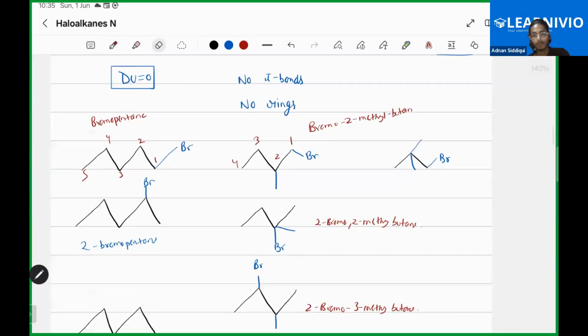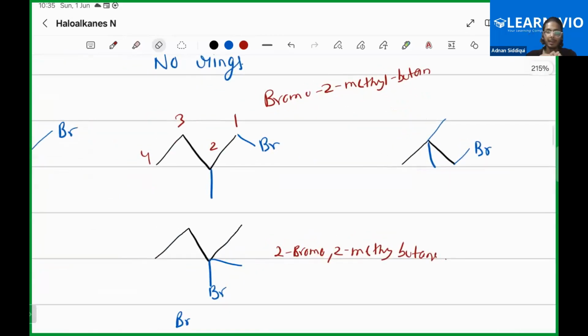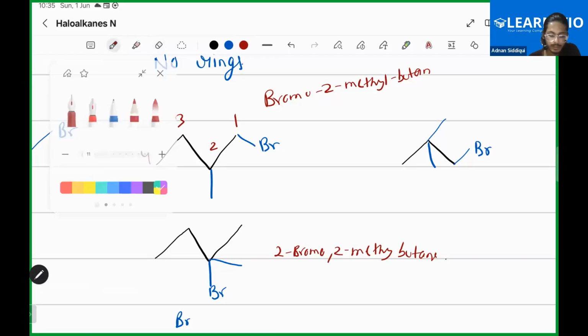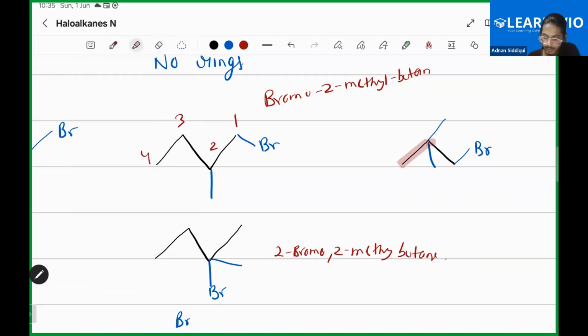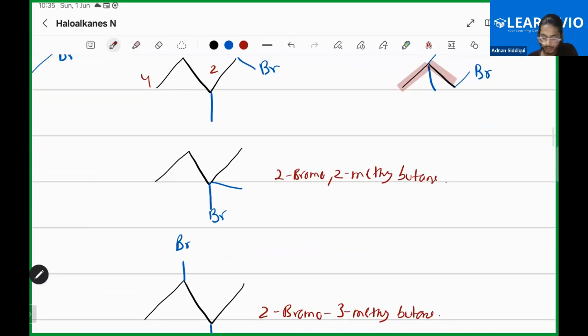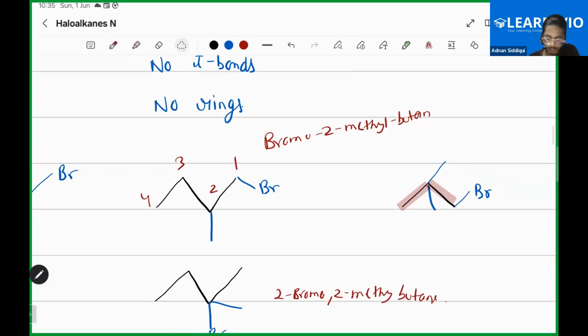So now we will again shorten our main chain from butane to propane. Now our main chain consists of how many carbons? 3. This is our main chain, right? Yes, sir. If I have to draw it in a different way, how can I write it?